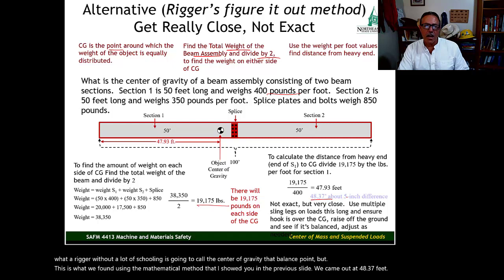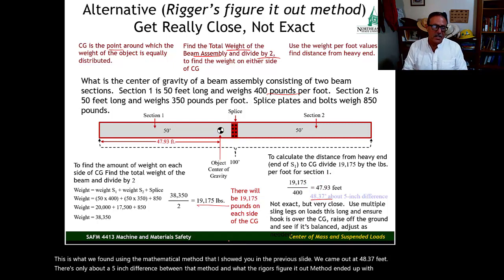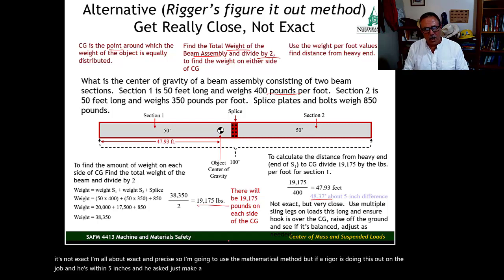There's only about a 5-inch difference between that method and what the rigger's figure-it-out method ended up with. It's not exact. I'm all about exact and precise, so I'm going to use the mathematical method. But if a rigger's doing this out on the job and he's within 5 inches and he has to just make a slight adjustment to his pick point locations because he was just 5 inches off, I'm okay with that.